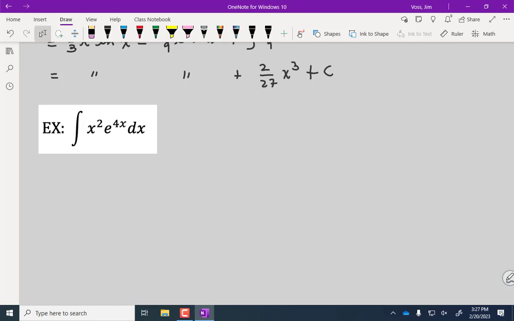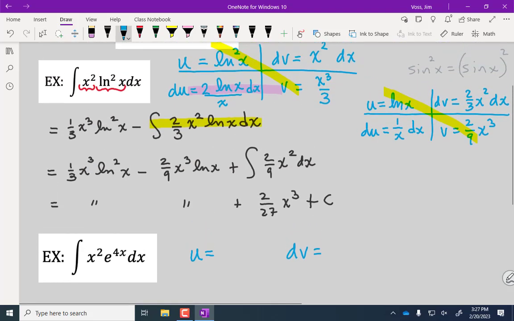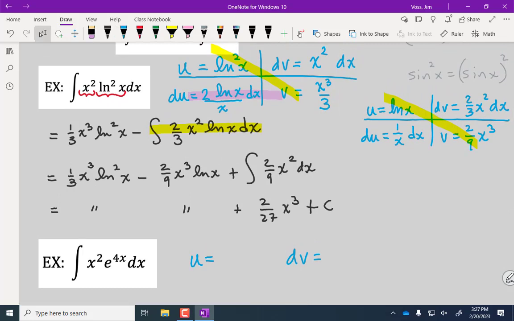All right. So this one is similar. We see a product of functions, so that kind of tells us that integration by parts is a good candidate when we see a product of functions. At its core, integration by parts is a reverse product rule. And once again, we have two choices. And what I want you to notice here is that up top, we put the power of x with the dv.